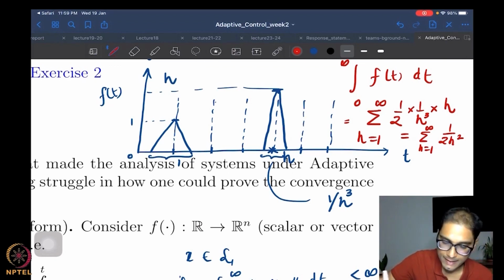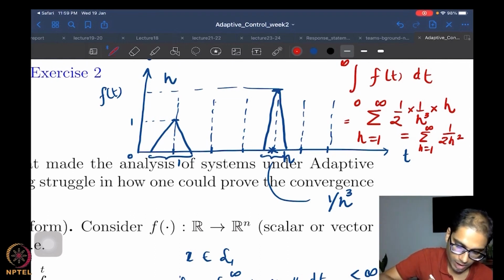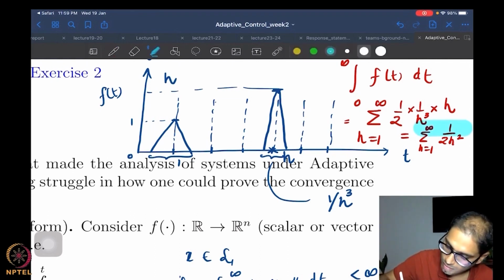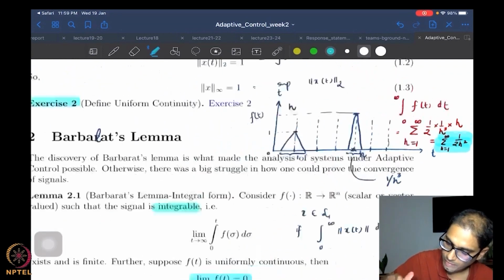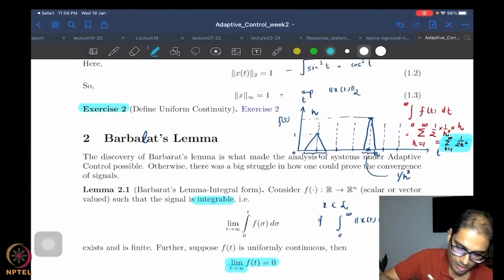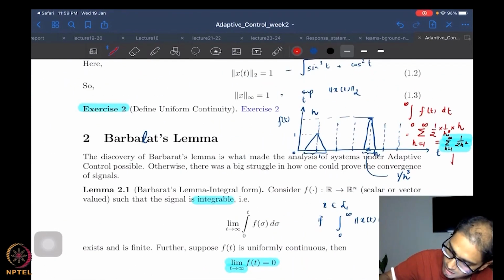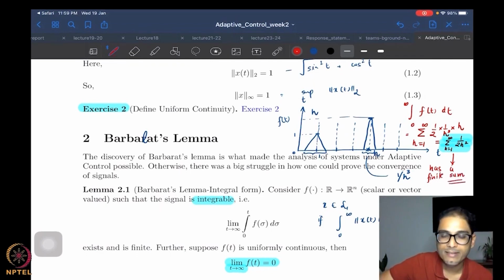And this, as a lot of you would know, has a finite sum. Okay, excellent.